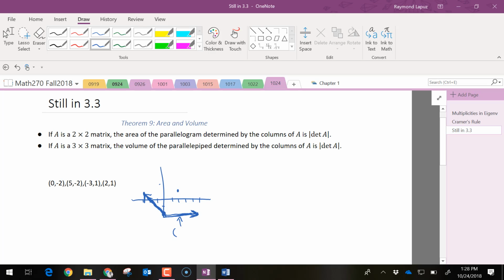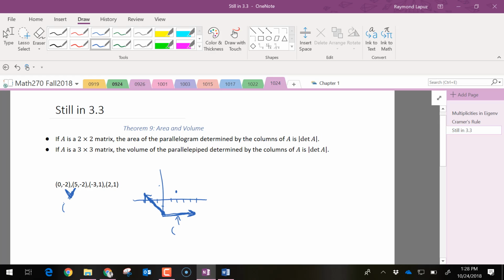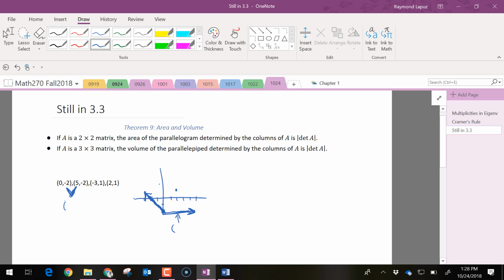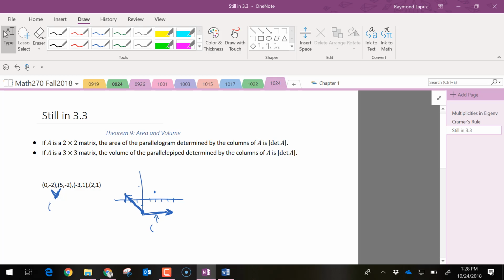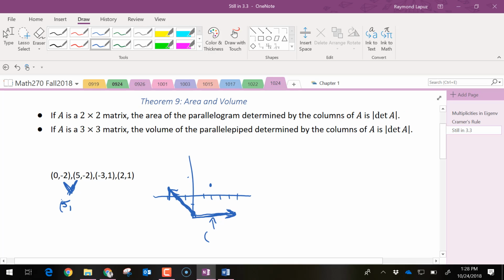And so what's this vector going to be if we subtract these two vectors? Depends on the direction, right? It kind of matters which direction you are because then you might get the other parallelogram. So I think it's head minus tail, so it's 5 minus 0. So that's a +5.